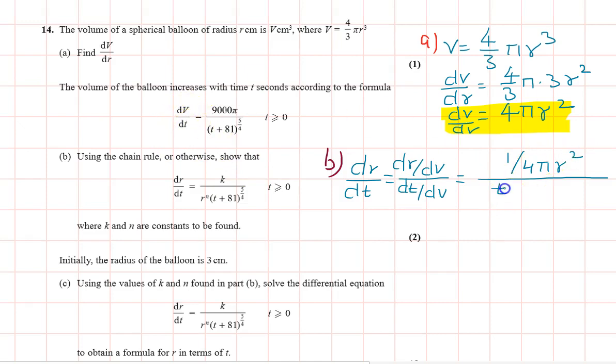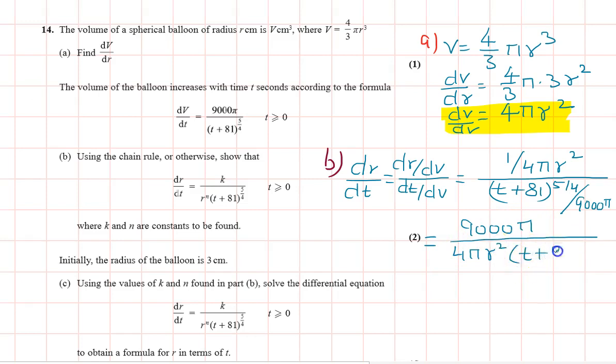so this will be t plus 81 to the power 5 over 4 over 9000 pi. So that is equal to 9000 pi divided by 4 pi r square, t plus 81 to the power 5 over 4.